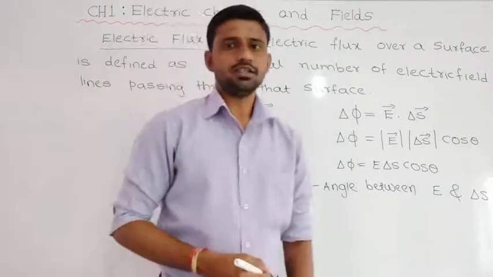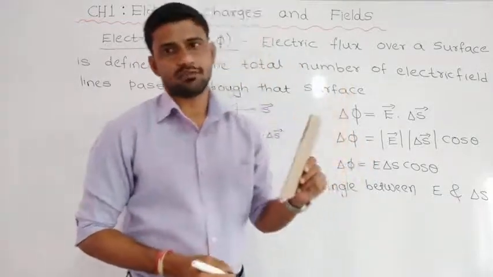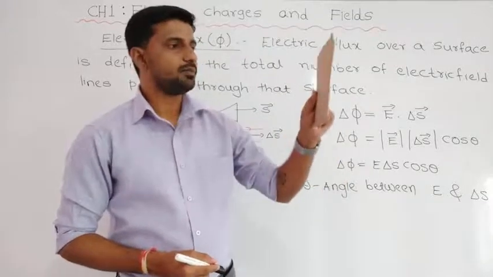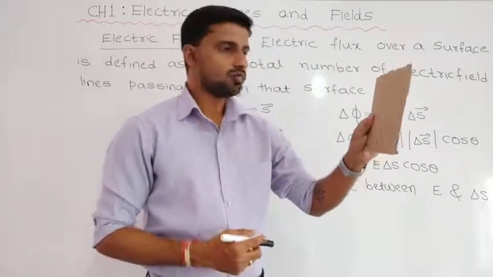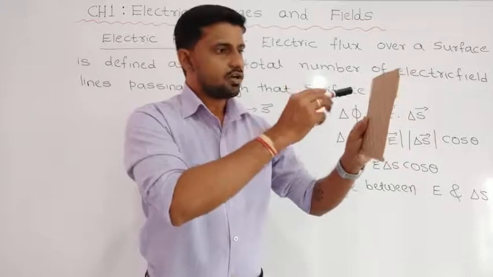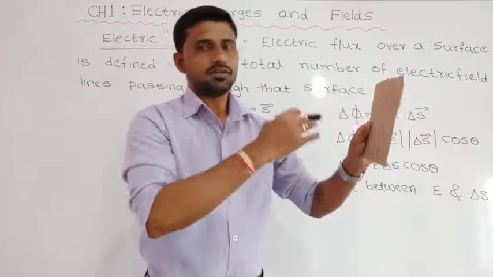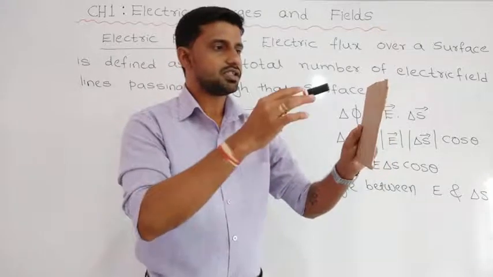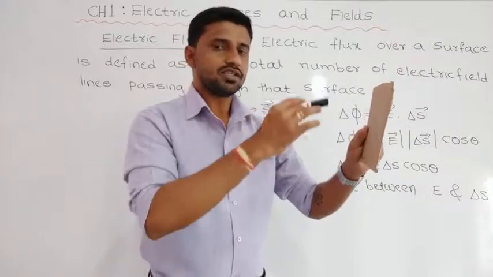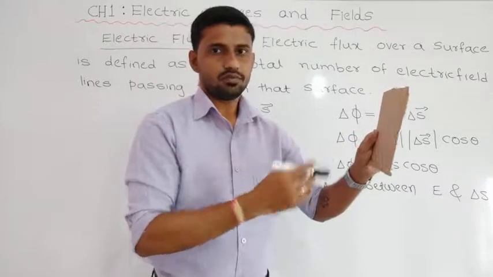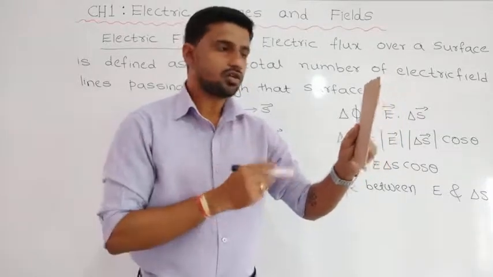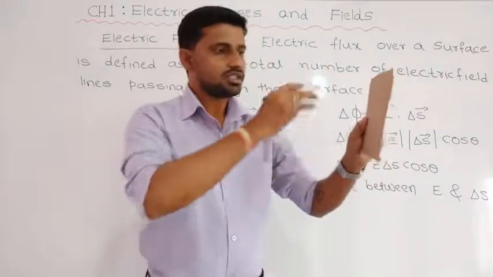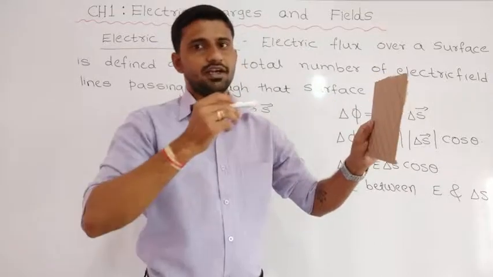To understand that, I am considering one surface. This is the surface which I placed here. If you observe this surface, this is the face of the surface which is in front of you. You should consider the face or area of the surface which is in front of you. Now you should take the direction of this surface area from this surface to your side.